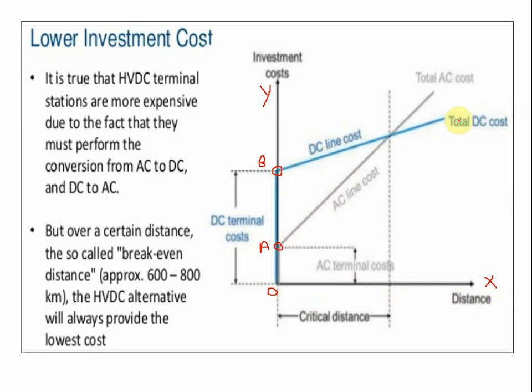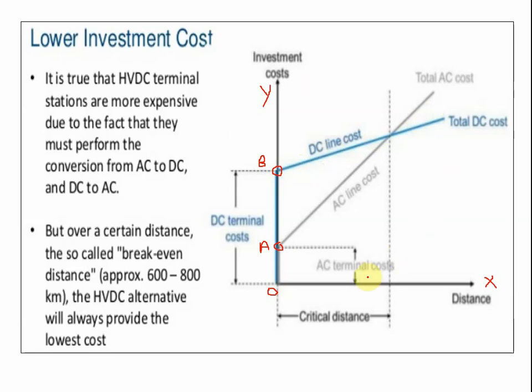You observe that the DC line cost decreases with respect to distance, but the AC line cost is going to increase with respect to distance. As the distance increases, the cost also increases in case of an AC line, but in case of DC lines, as the distance increases, the line cost decreases.